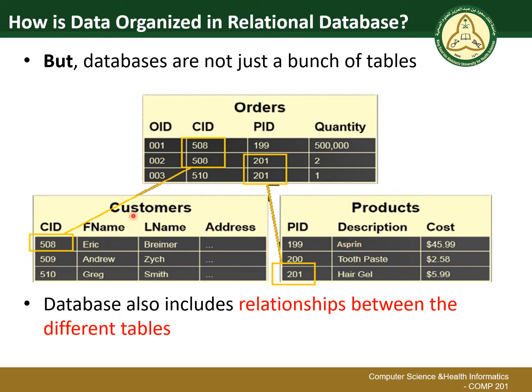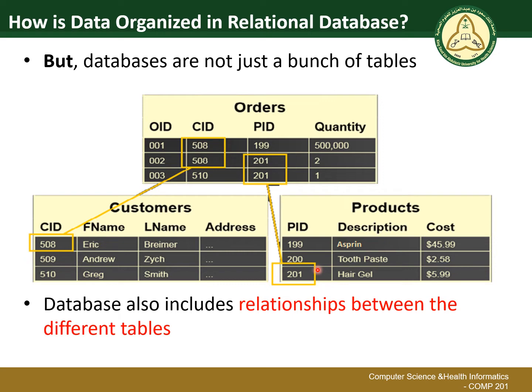In the customers table here, there are 4 fields. We have the customer ID, which is the primary key. Then we have the first name, the last name, and the address.